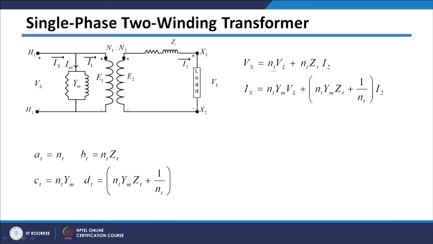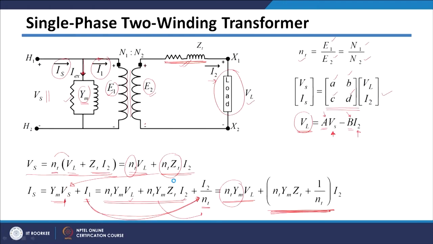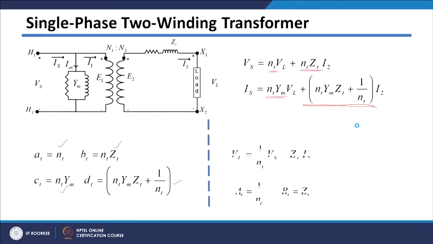So, this will become your A parameter, that is NT here, this will become your B parameter, NT into ZT, NT into Ym will be your C parameter, and this bracketed term, NT Ym ZT plus 1 by NT, is your D parameter. And as I told you, we are also interested in calculating this second term here, which is capital A parameter and capital B parameter, which relates source voltage and your load currents. Basically these 2 terms are known.